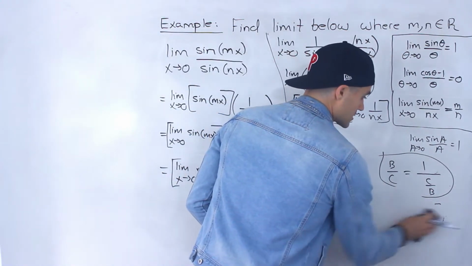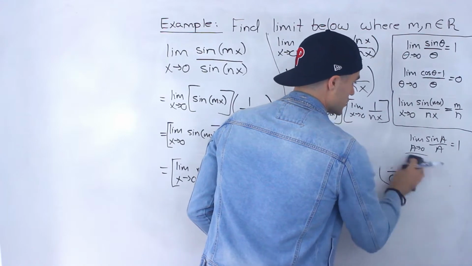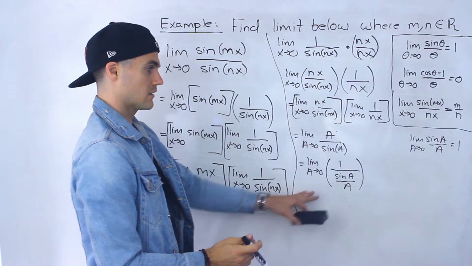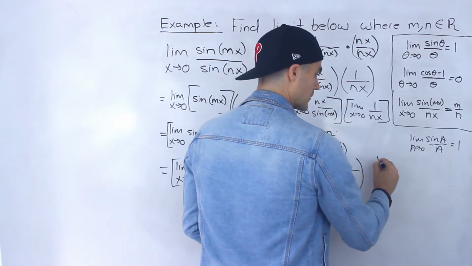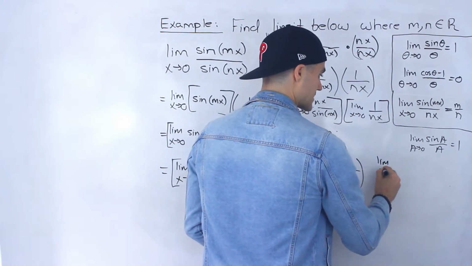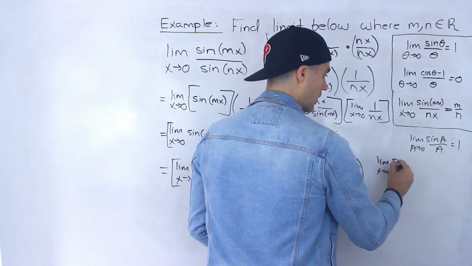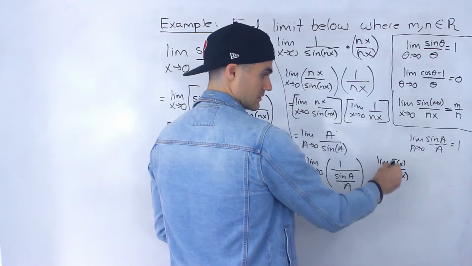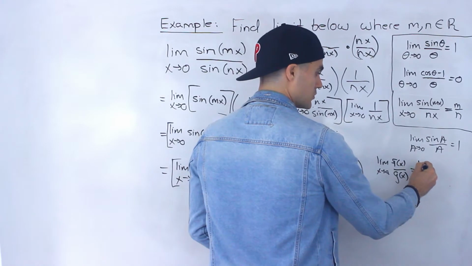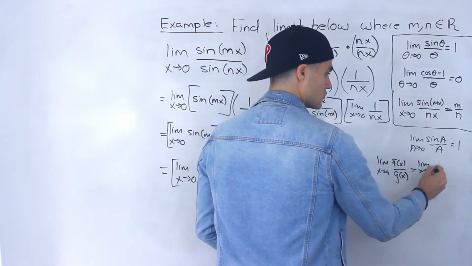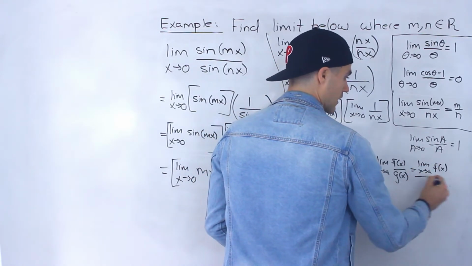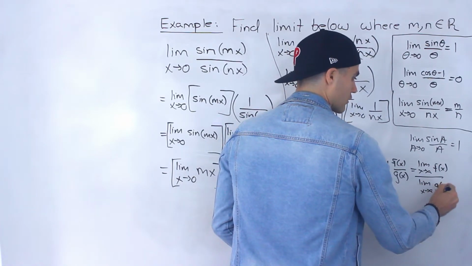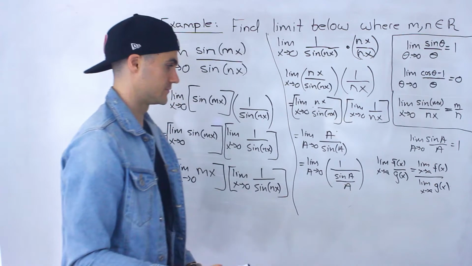And now notice, what can we do? Well, we can apply a limit law here because whenever we have the limit as x approaches a, going back to limit laws now, of f of x over g of x, like that, we can distribute that limit to the numerator and the denominator.